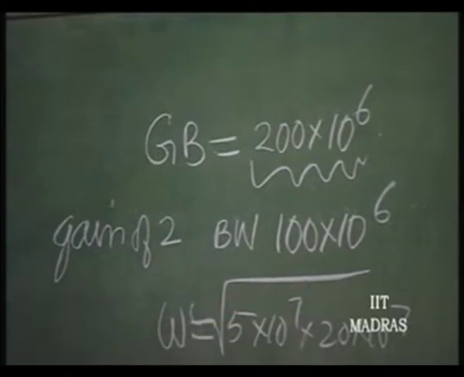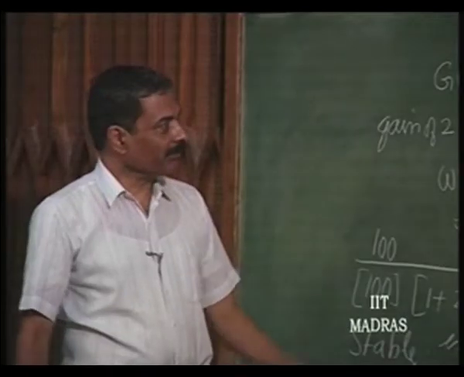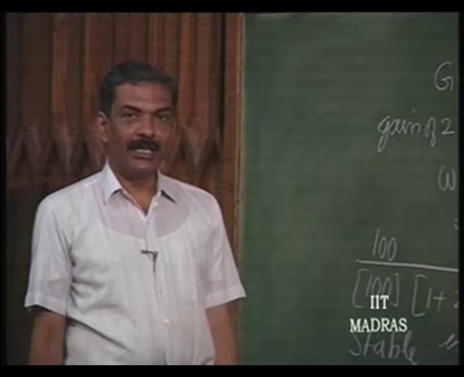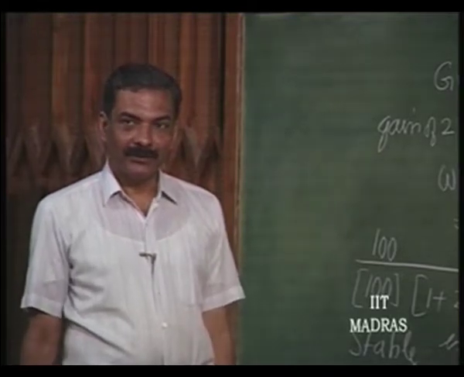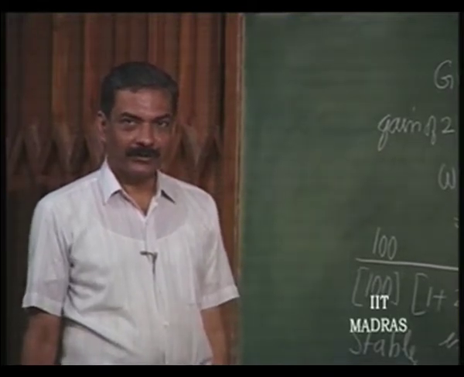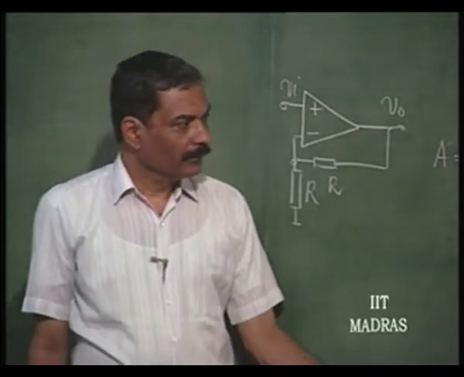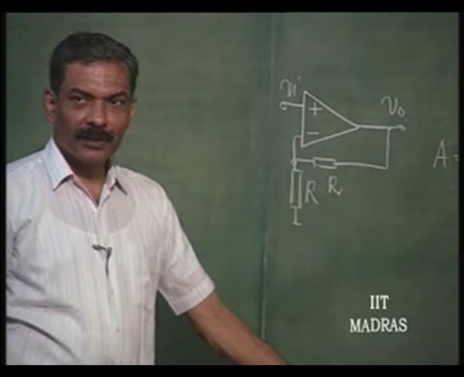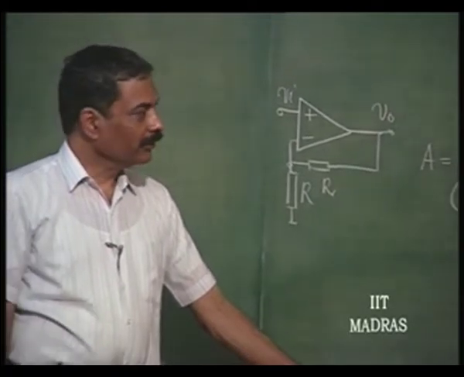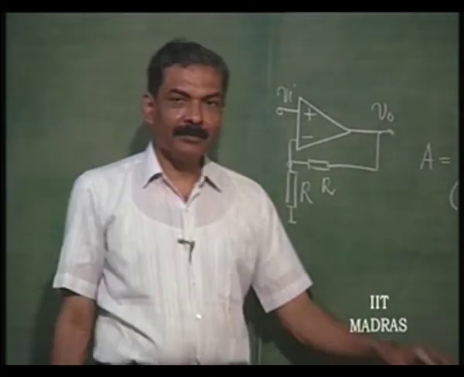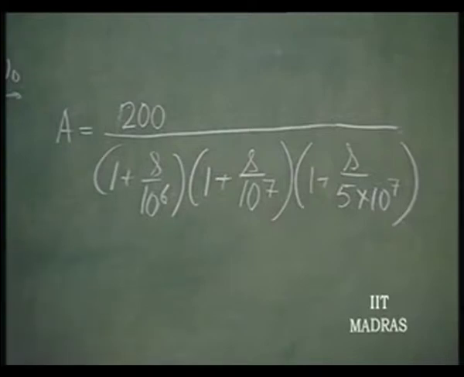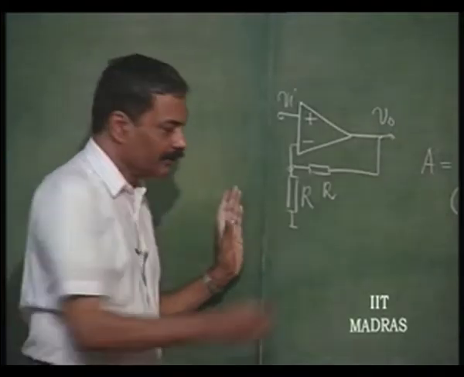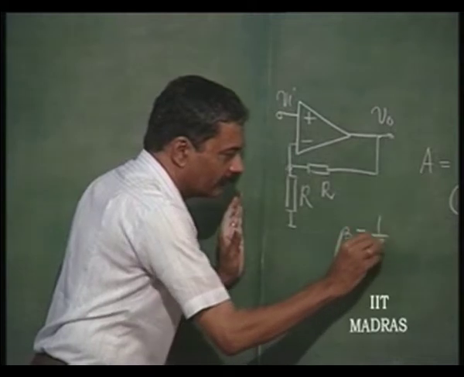So this is the best design possible. For the widest possible frequency range, you can use it as an amplifier with a gain of 2. Now, the question in the previous problem arose as to whether this is unstable for the design given for a beta equal to half.